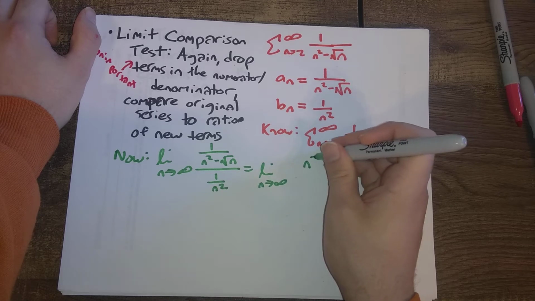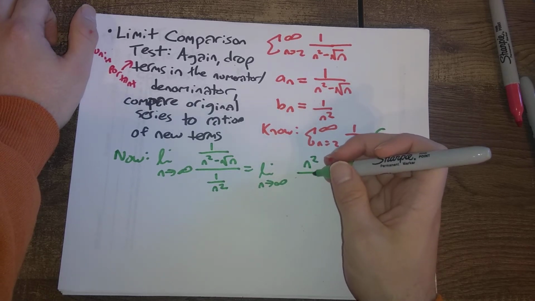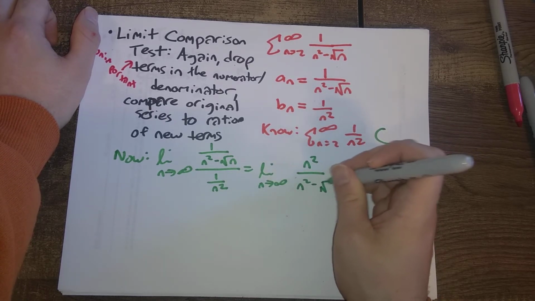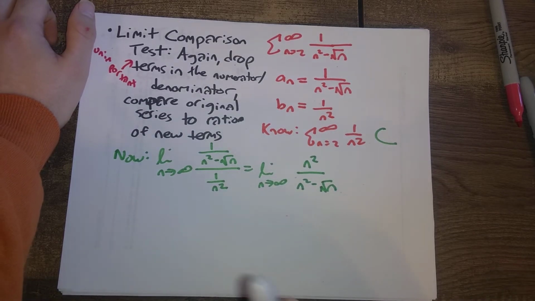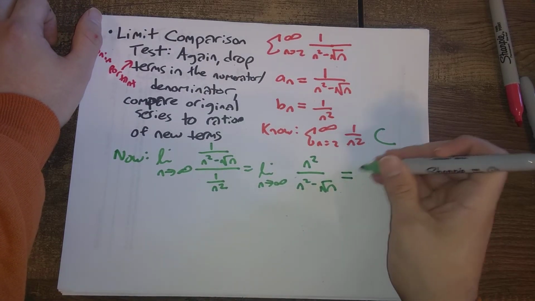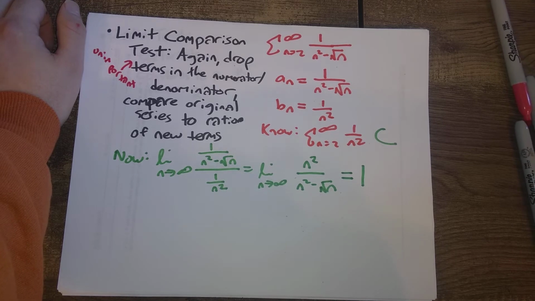And so this becomes n squared over n squared minus square root n. And I'll just leave this as a Calc 1 exercise to see that, yes, this limit is in fact equal to 1.